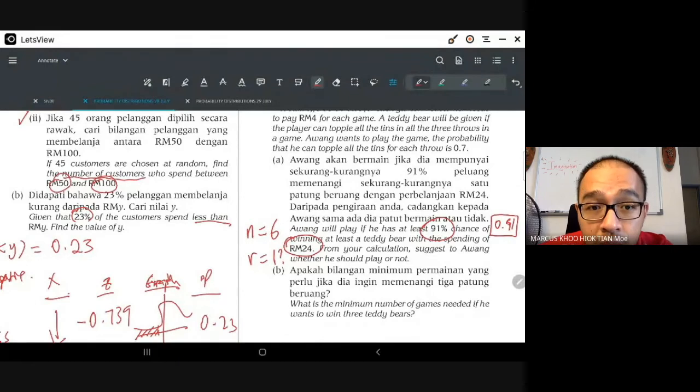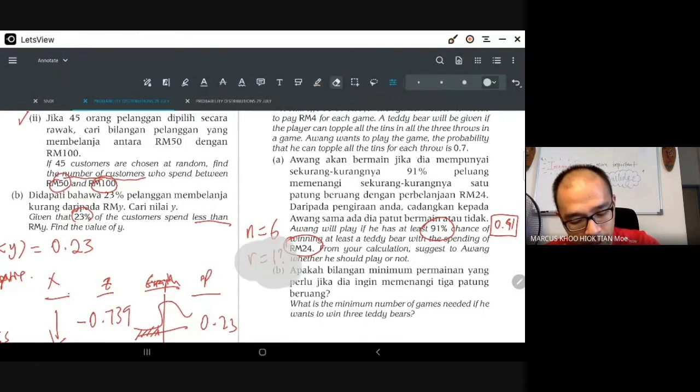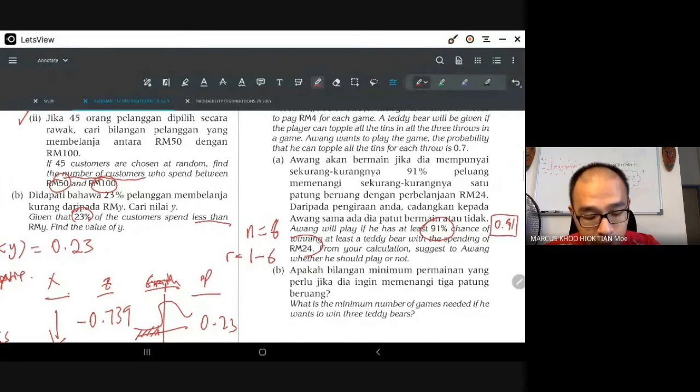At least one, right? So 1, 2, 3, 4, 5, 6 lah. But what is the probability that he will get 1, 2, 3, 4, 5, 6? Let me wrap this up. R will be between 1 and 6. So, is the probability more than 0.91?